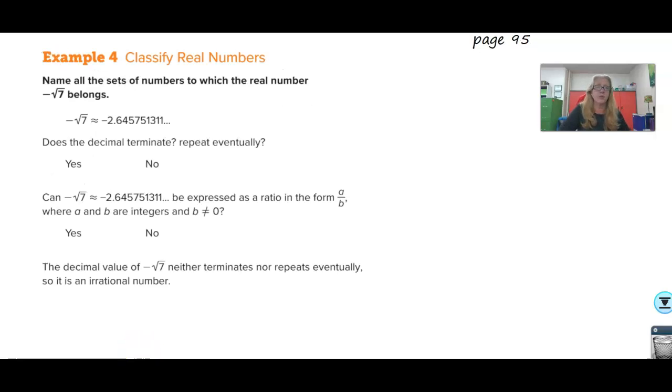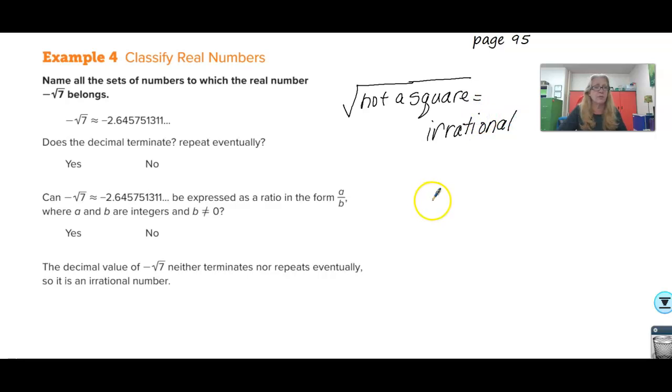Now we have negative square root of 7. 7 is not a perfect square. So that is irrational. Anytime you have the square root of not a perfect square, that is irrational. It is going to go zinging out. And if you're not sure, maybe you don't have all the perfect squares memorized, put it in the calculator. You'll know right away that that's not rational. So does the decimal terminate or repeat? No, it will not.